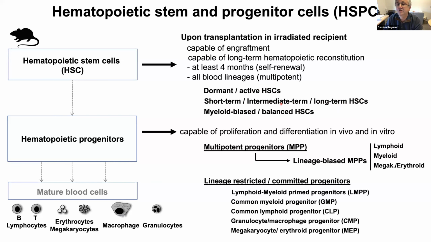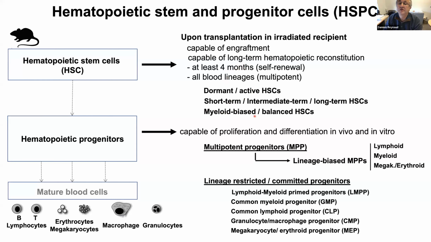Intermediate-term HSC is a compartment which has been defined by the laboratory of Norman Iscove, and they are thought to have a potential of about 6 to 8 months. Finally, you have the short-term HSC, some of which reach the 4-month threshold, making them stem cells, but after this period, their potential fades and the reconstitution stops.